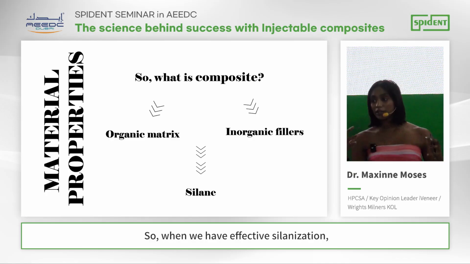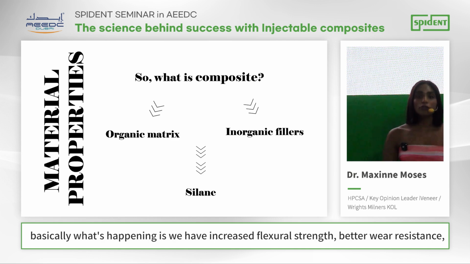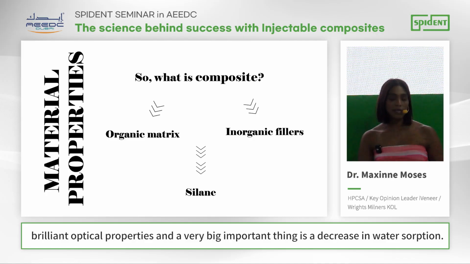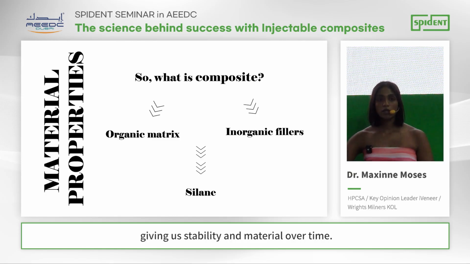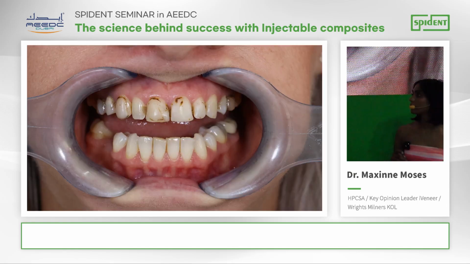When we have effective silanization, we have increased flexural strength, better wear resistance, brilliant optical properties, and a very important thing is a decrease in water sorption. That means it goes in and binds to the resin matrix, giving us stability in the material over time. Please, if you have a question, just stop me as I'm going.